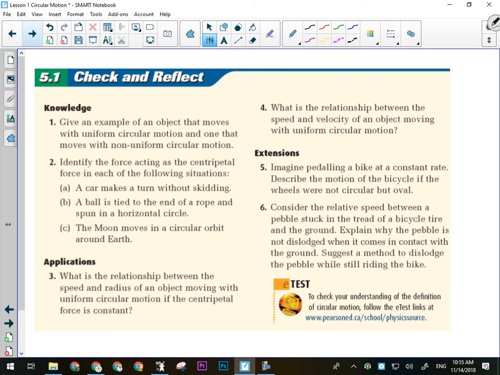All right. Number 6, relative speed of a pebble stuck in the tread of a bike tire and the ground. So if I'm riding a bike along the ground, I've got a rock stuck in the tread, okay? The relative speed, as they go past each other. One's moving kind of forward, the other's moving, from that perspective, the other way, okay?